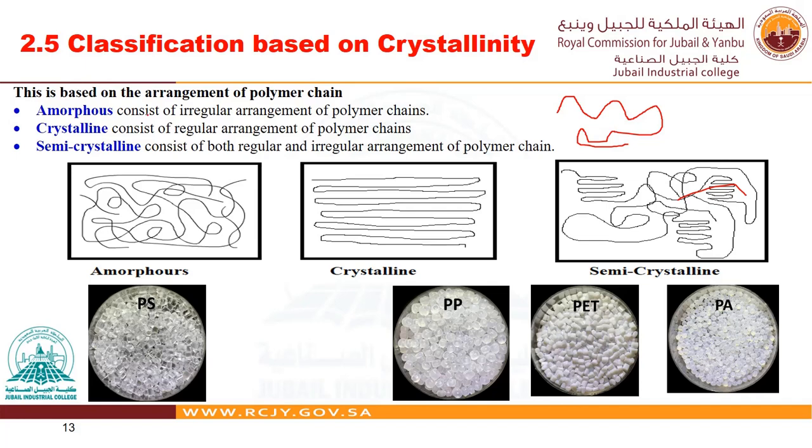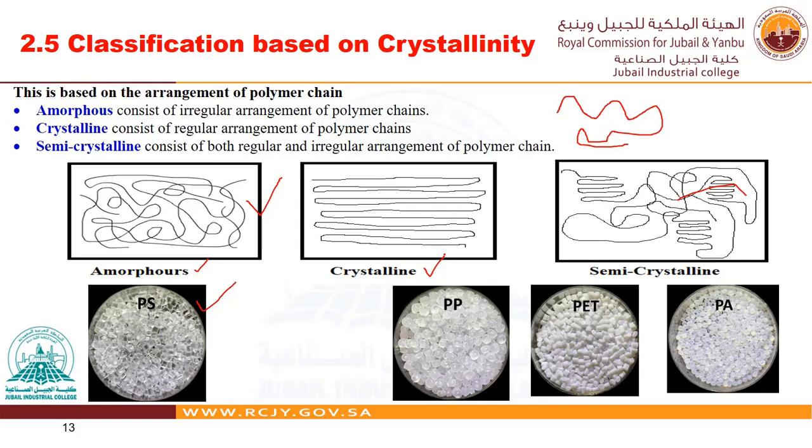For example, you can have an amorphous polymer, which means that the chains are arranged in an irregular fashion, and therefore they are called amorphous polymers. And amorphous polymers usually are inherently transparent. We're going to discuss that. An example is polystyrene. If the polymer is arranged in a regular fashion, that is called a crystalline polymer.